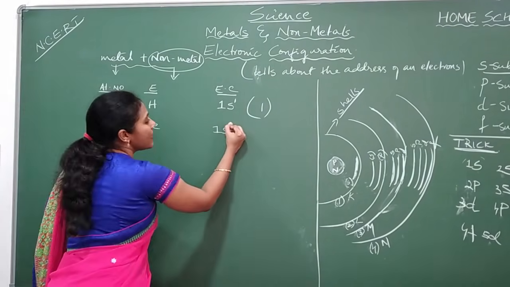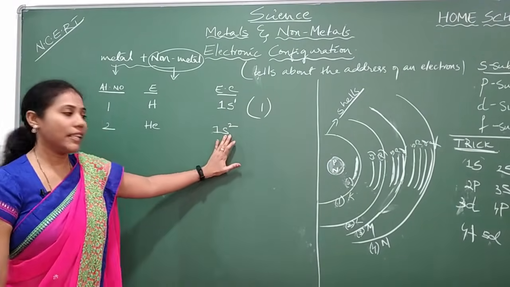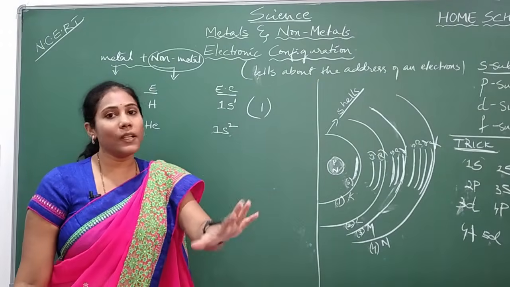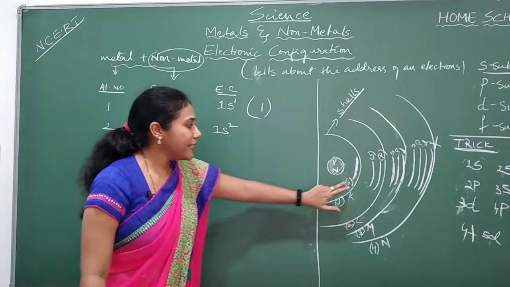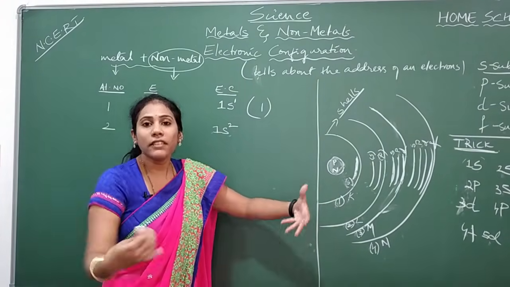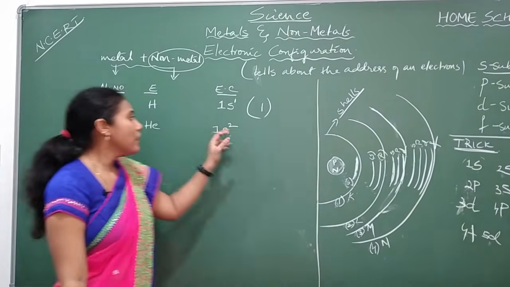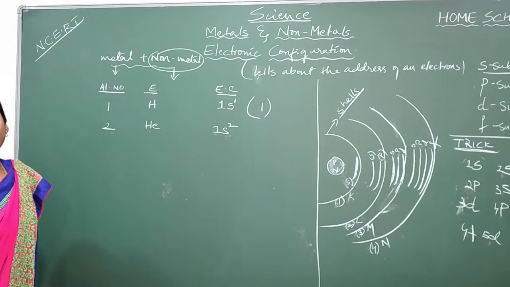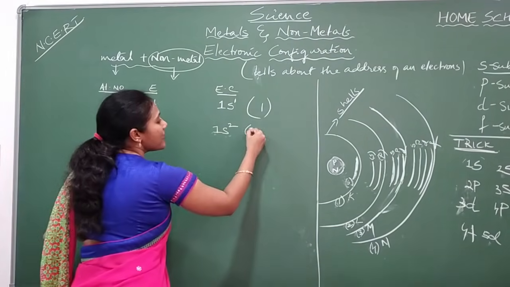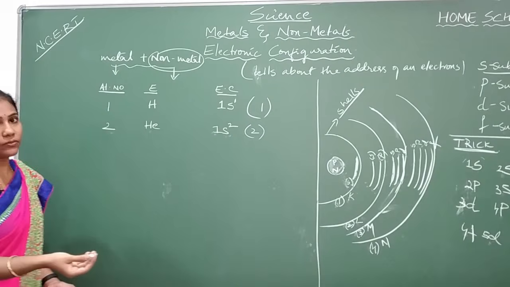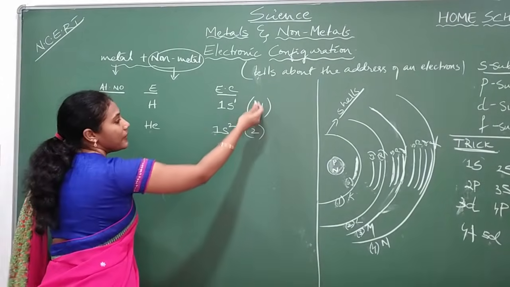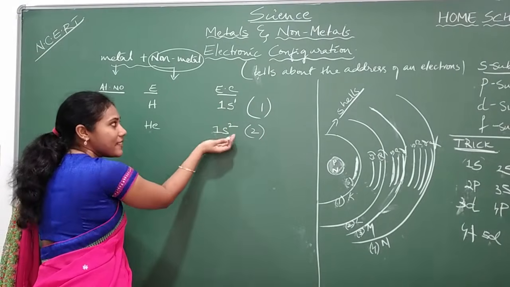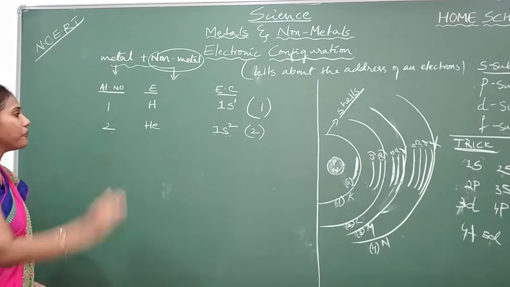Both electrons are present in the 1s orbital only, because in this orbital the maximum capacity is 2. It has space to accommodate 2 electrons. So 1s2 is the electronic configuration for helium. Or you can just write 2 also. This you have learnt in the previous classes. Now I am teaching this, but it is important to learn. Okay, fine.